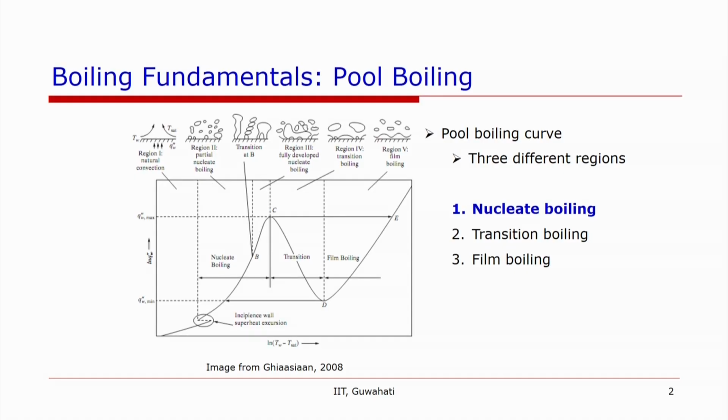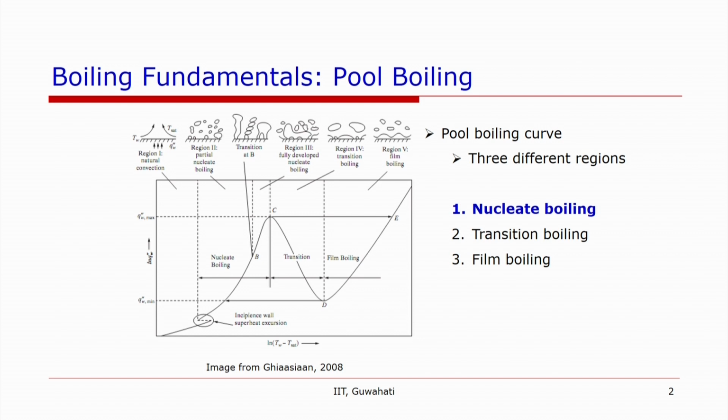Boiling is categorized in two different categories: one is pool boiling and another is forced convective boiling. This categorization is based on whether the liquid is static. If the liquid is not flowing, then it is pool boiling.